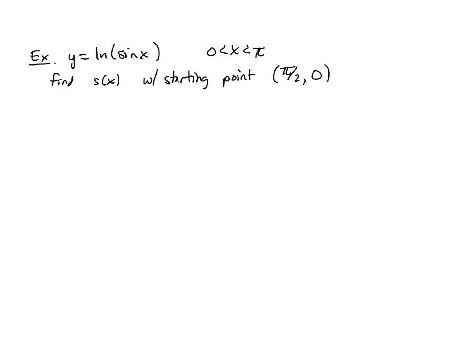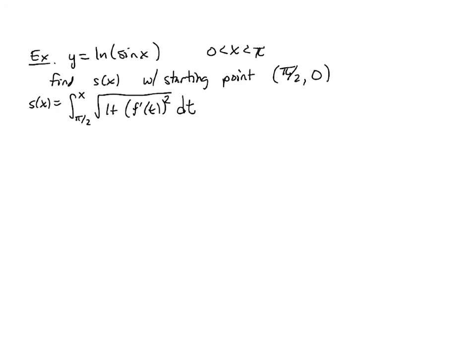So the function s of x, writing it again from the previous page, is the integral from the starting x value to x of the square root of 1 plus f prime of t squared dt.